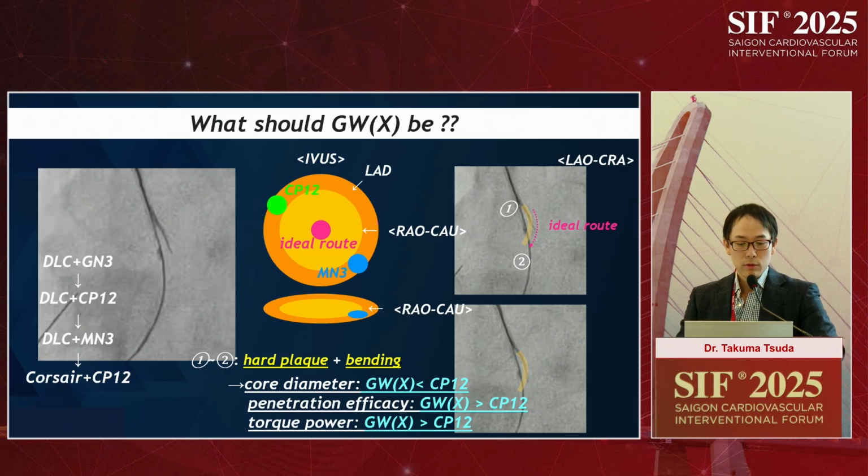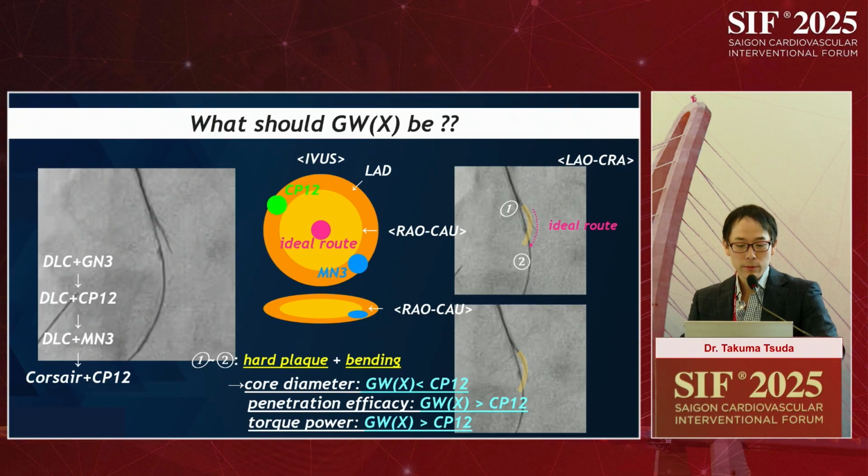Okay, so in this situation, what should we select as the guide wire X? The guide wire X should be a more flexible one, because the CP12 goes outside the vessel course, goes too straight, and never kicks back to the inner side, the septal side.